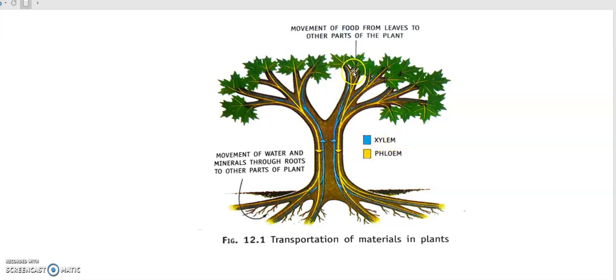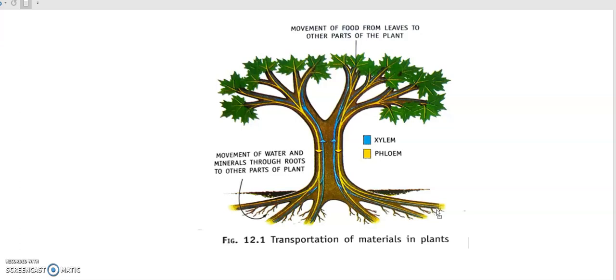These blue lines which you can see coming from the root and going above to the other parts are xylem. These tube-like structures are xylem, one of the vascular tissues. And this yellow part is phloem. You can see the arrows are downward, meaning they are coming from the leaves and going towards the root level.